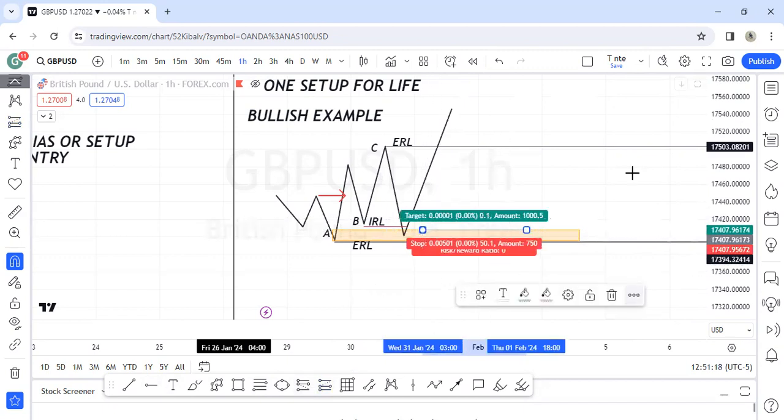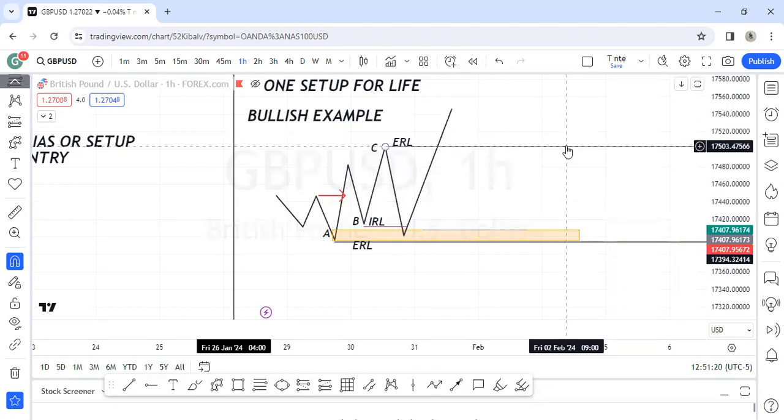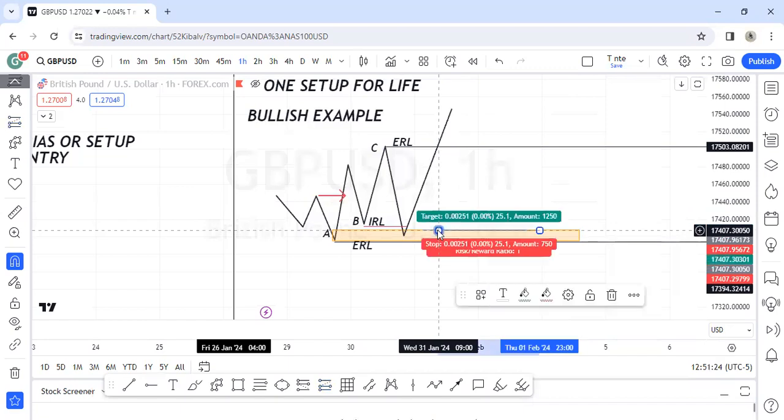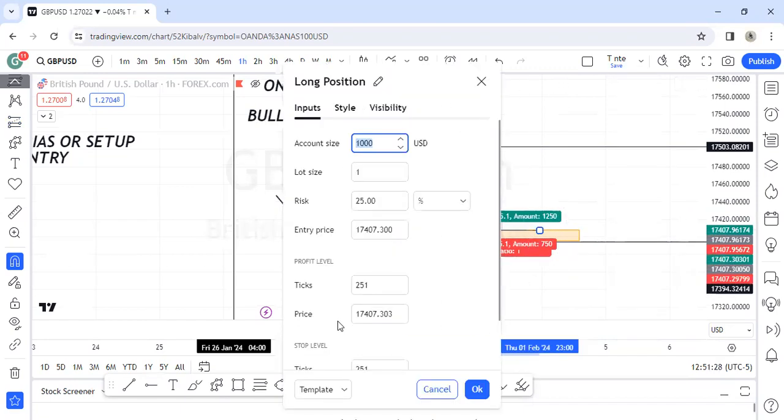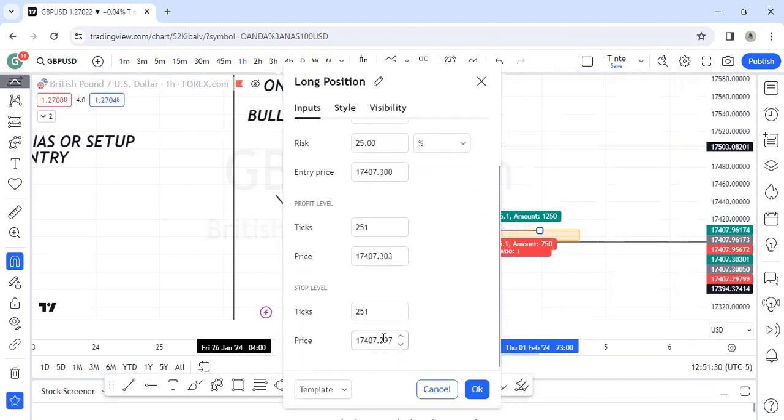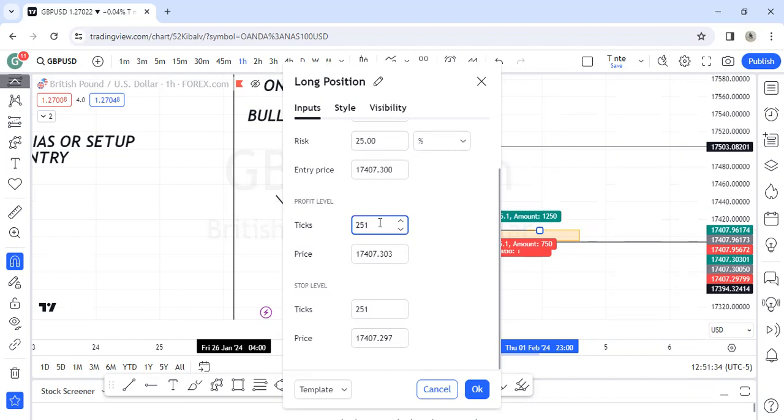So the TP level, take profit level, is 17503. The stop loss level is around 17370.